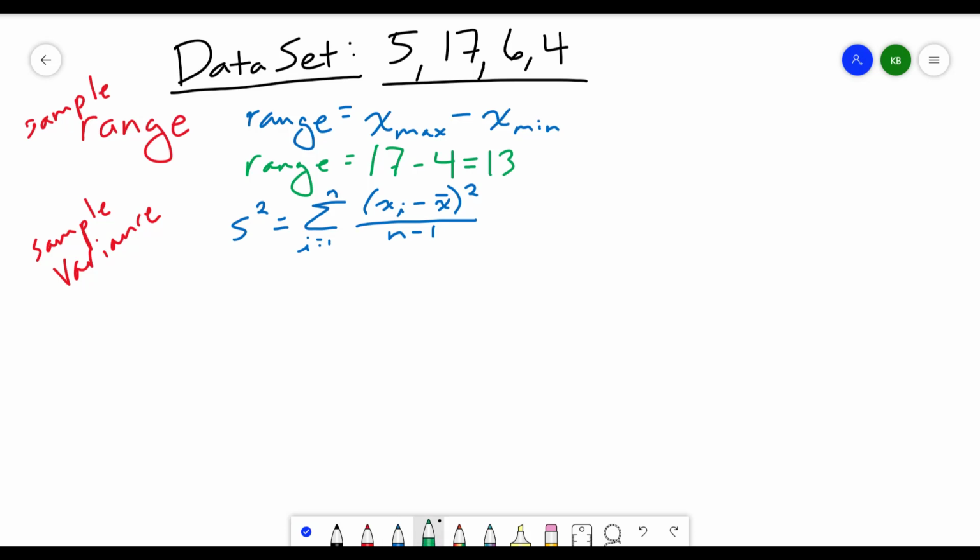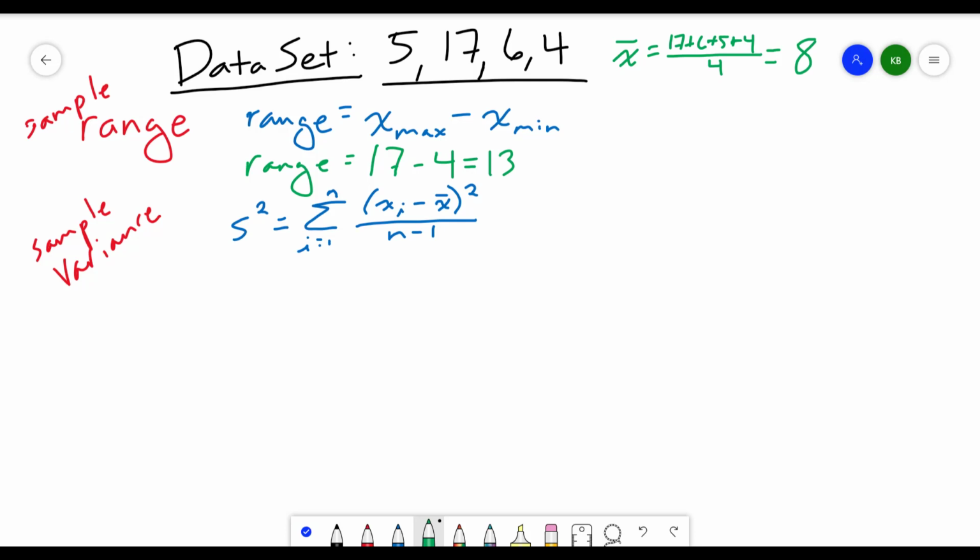Going through our example and calculating this, the first thing we need to know is what our mean is. To find our sample mean, x bar equals 17 plus 6 plus 5 plus 4, divided by 4. 17 plus 6 is 23, plus 5 is 28, plus 4 is 32, divided by 4 gives us a mean of 8.